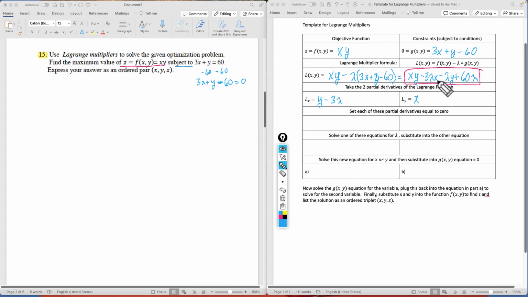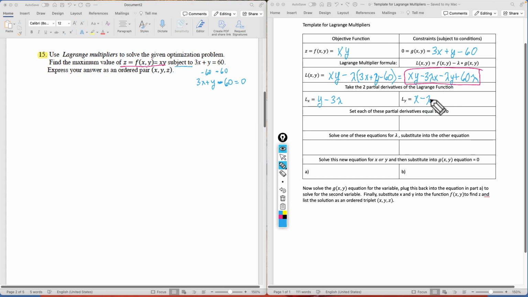That's all a constant, x is a constant, so the derivative of this part is 0. The third term, negative lambda y: the derivative of y is 1, so that's 1 times lambda, minus lambda. And finally, plus 60 lambda, it's all a constant, so that derivative is 0. Plus 0 doesn't change anything, right?